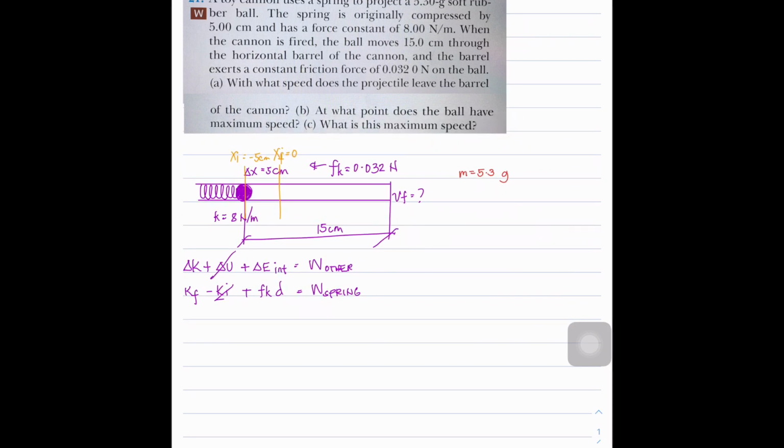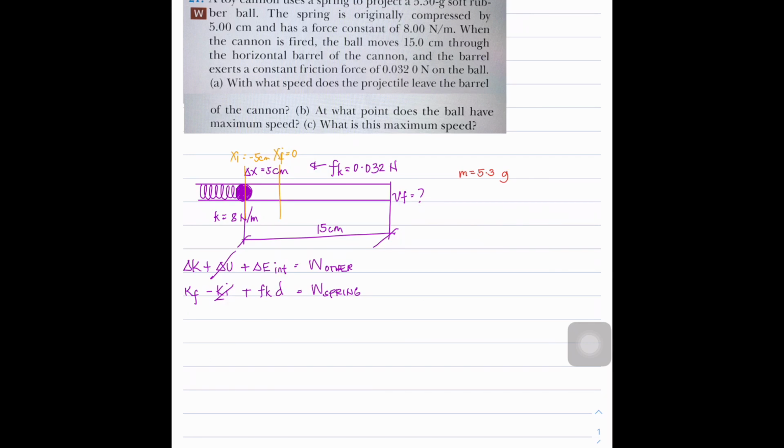It says here that the spring is compressed initially 5 centimeters, and it travels 15 centimeters, so that's the length of the barrel. Next, we're gonna use the law of conservation of energy to solve for the final velocity.